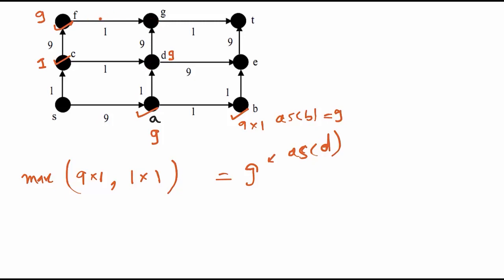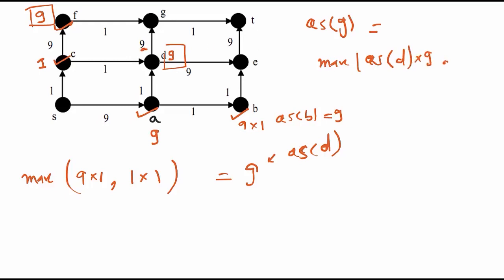See, there are two paths: one is coming from F and one is coming from D. Now I do not need to calculate all the paths from S to G. I just have the quality scores of D and F, and I can reuse them. So the quality score of G will be the maximum of quality score of D into this edge weight, which is 9, comma, quality score of F into this edge weight, which is 1.